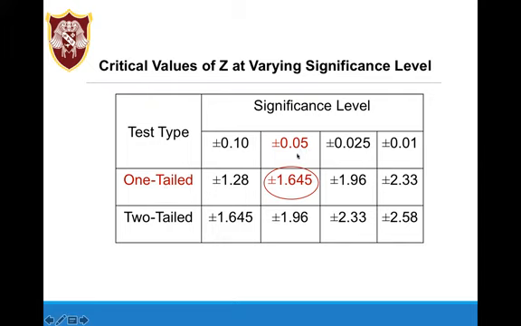So we just get the intersection. So the critical or the tabular value of z for this problem is 1.645. So we get the positive value or the absolute value. The critical or the tabular value of z does not depend on the degrees of freedom, unlike in the t-test.